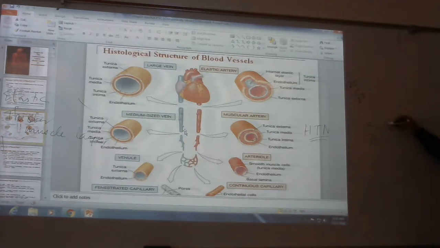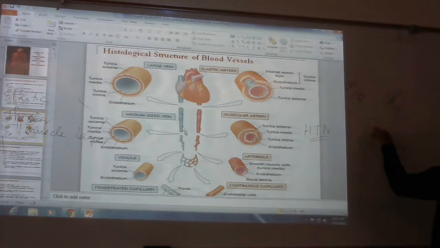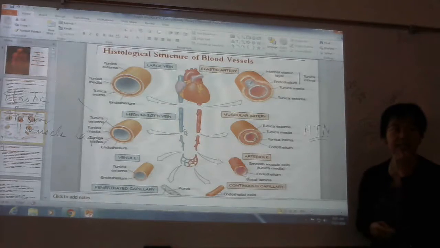Then if the upper number is high, you're diagnosed with systolic hypertension. If the lower number goes up, you're diagnosed with diastolic hypertension. In general, the systolic blood pressure goes up first before the diastolic. Let us look at the implication of these readings on the heart itself.